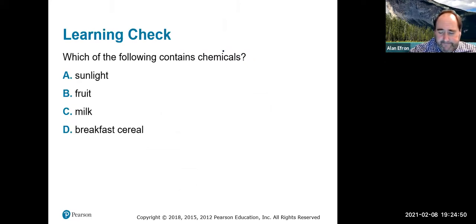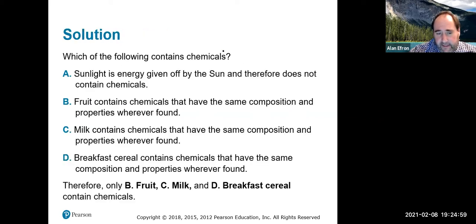But there are some different types of mixtures. Which of the following contains chemicals: sunlight, fruit, milk, and breakfast cereal? Sunlight is pretty much just straight energy, so it doesn't really contain any chemicals, but the rest of them do. Fruit contains chemicals that have the same composition and properties. Milk also, and breakfast cereal.